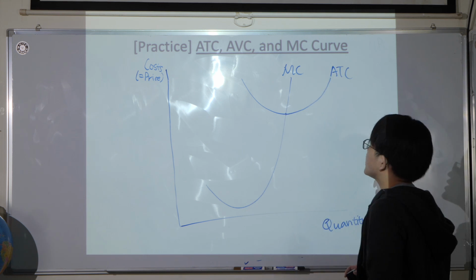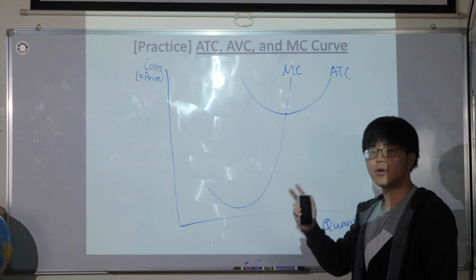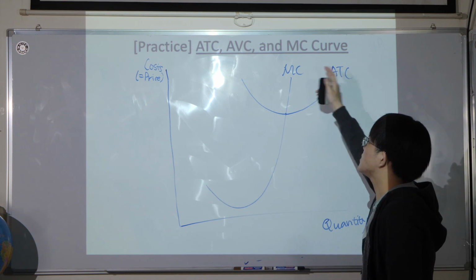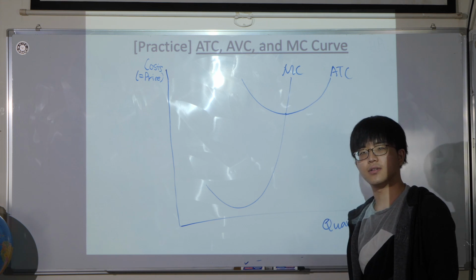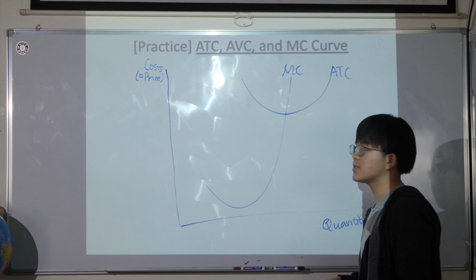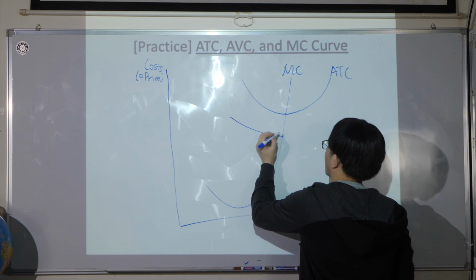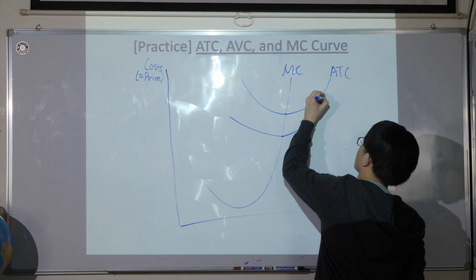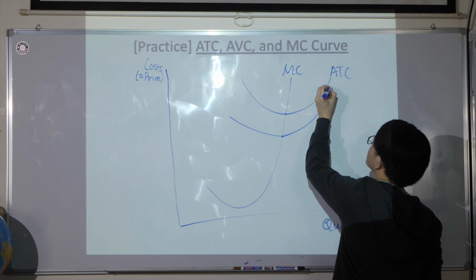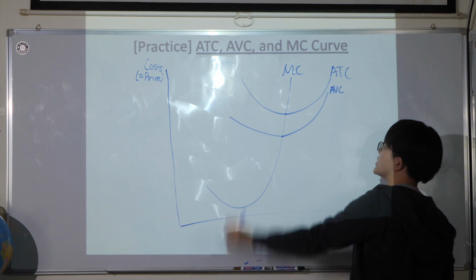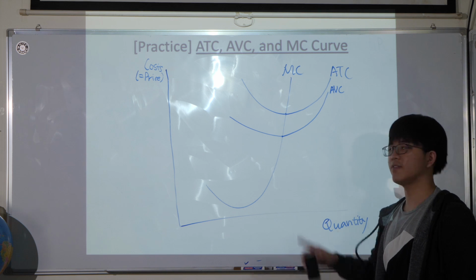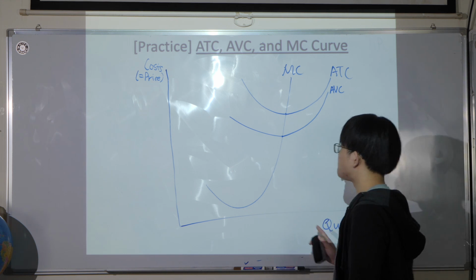The feature is that the minimum of the ATC curve will pass through the point on the MC curve. And the AVC curve will be wider on the left side, and it will be steeper on the right side. This is the AVC curve, or average variable cost curve.